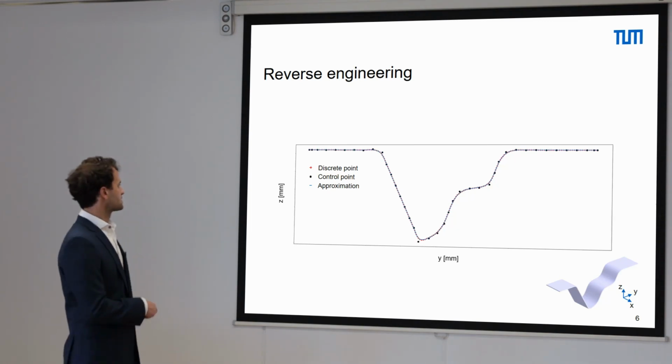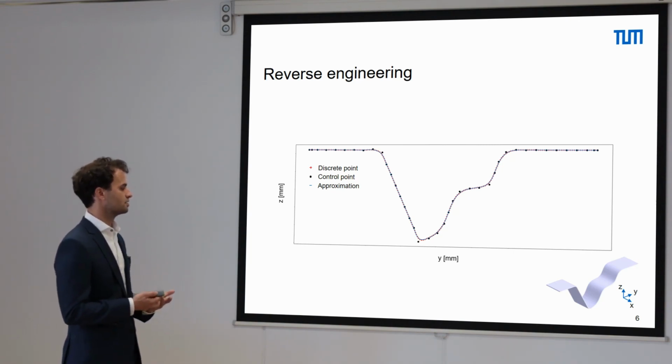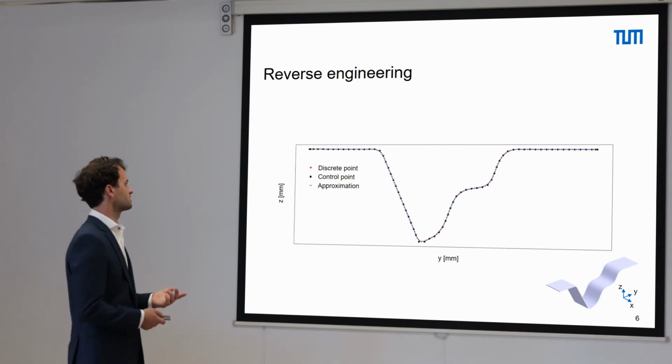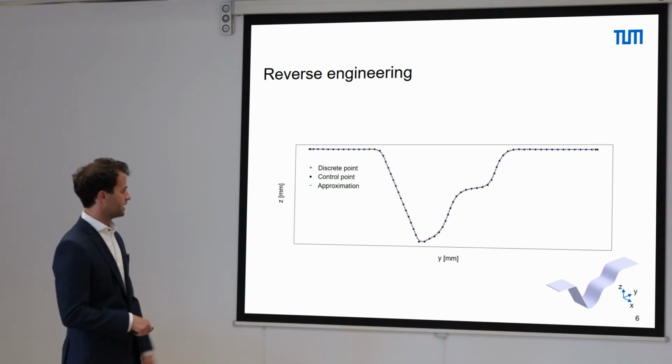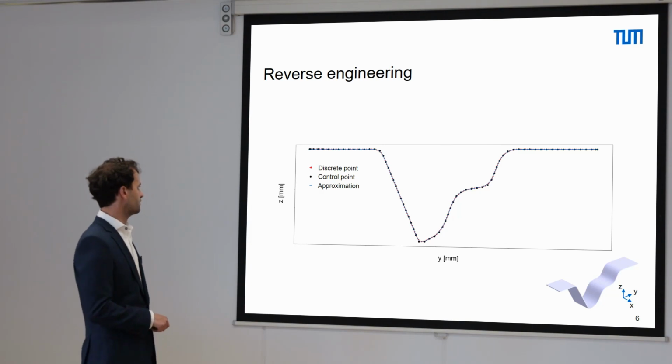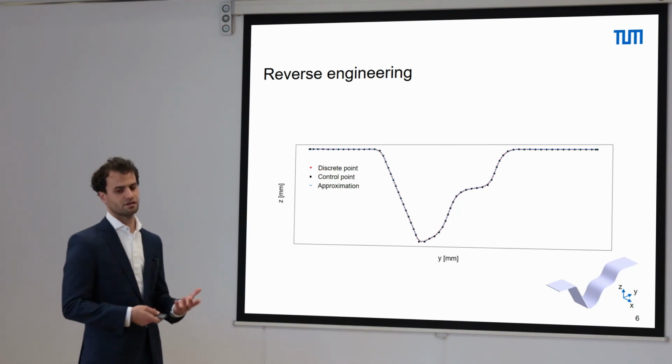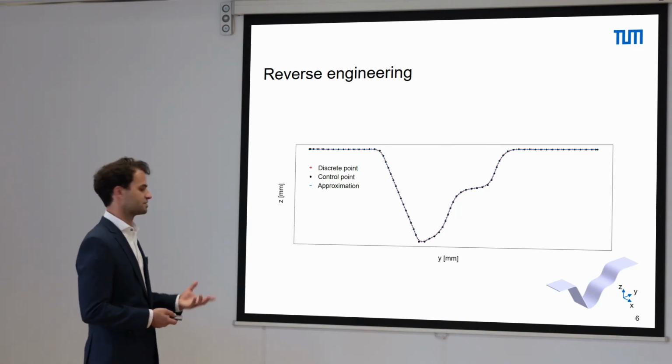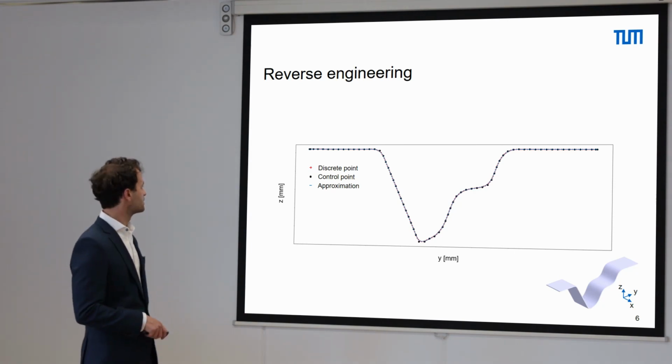Probably this reverse engineering with 35 points already is very satisfying, but through that we have a 2D problem. It doesn't make any difference to add more control points because the memory required is still very little.